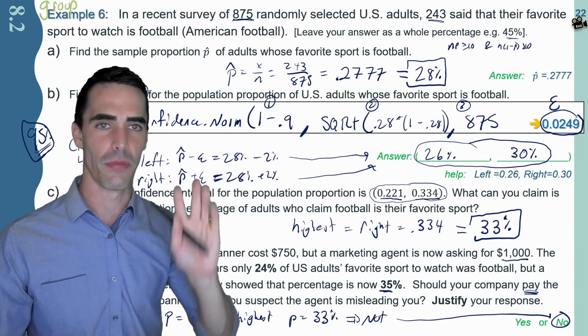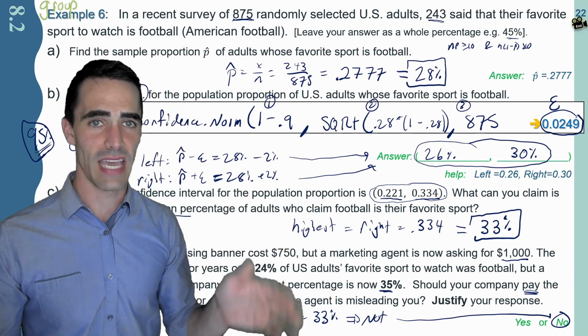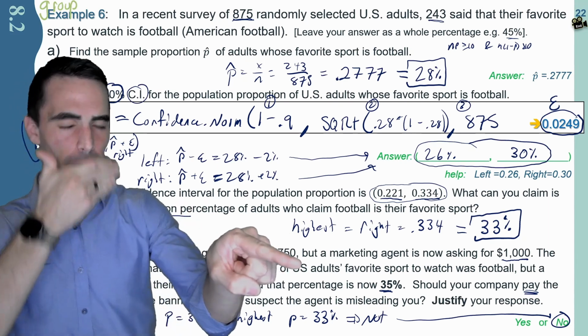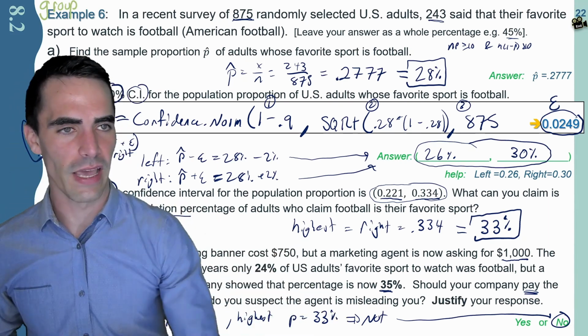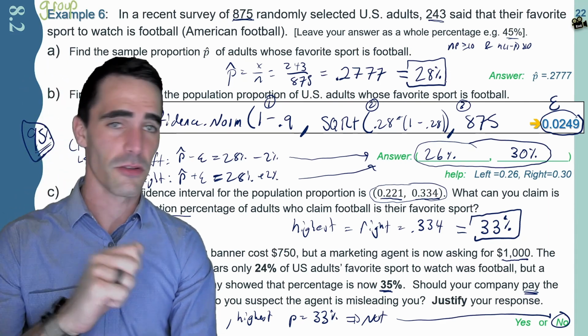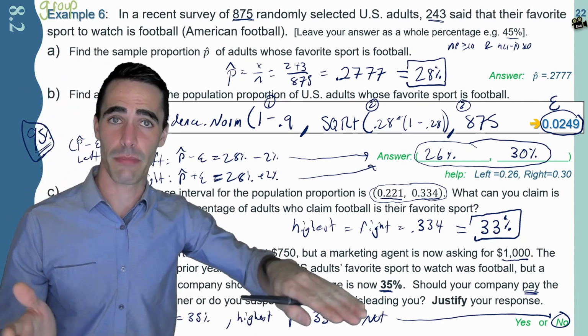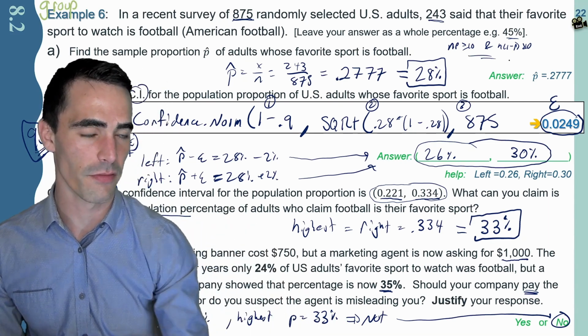Look, let me wrap with this. When we talk about these confidence intervals, it's a best guess, right? It's like closing your eyes and picking a number. That's what samples are. It's random as we look around and pick a number, like let's say 28%. But it's with statistical certainty because we know the shape of the sample proportion. It's normally distributed. It's that little check that I referenced up above.